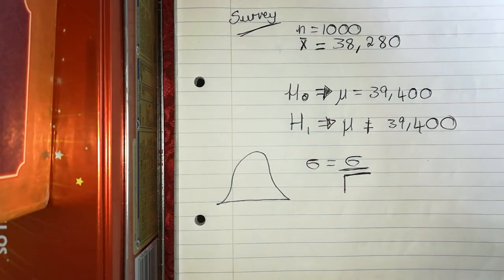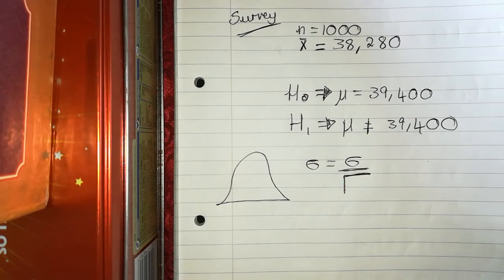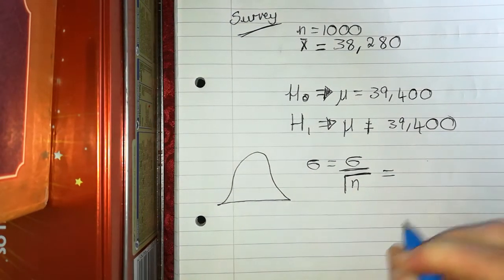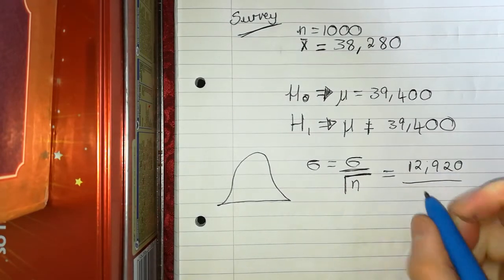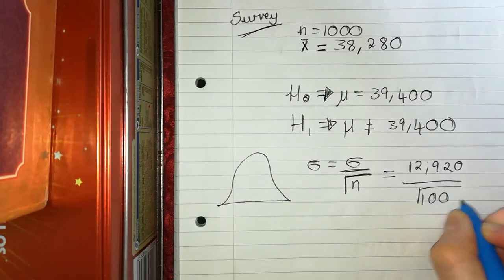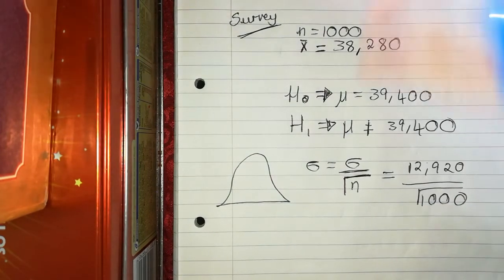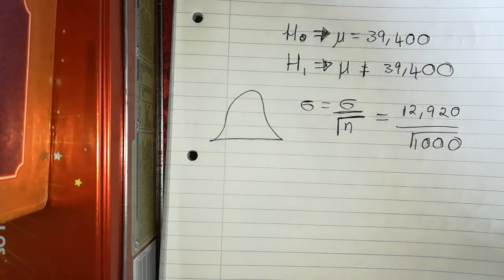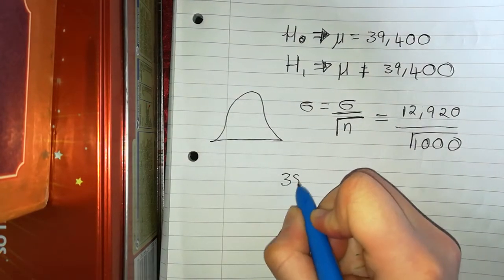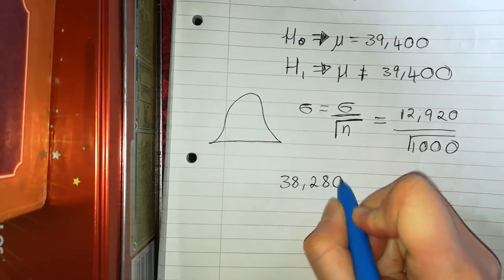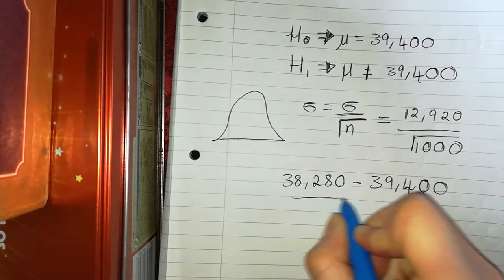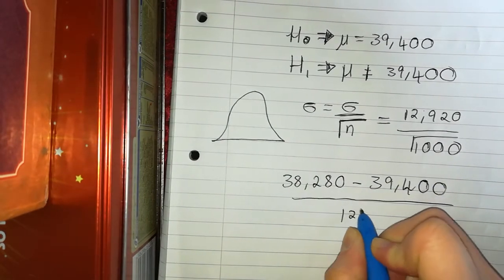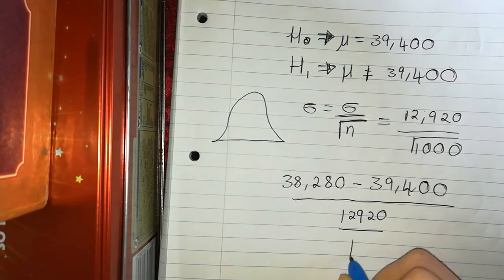So it is 12,920 over the square root of 1,000, which is the sample size. I'm going to see what z value the new mean would give compared to our original mean.